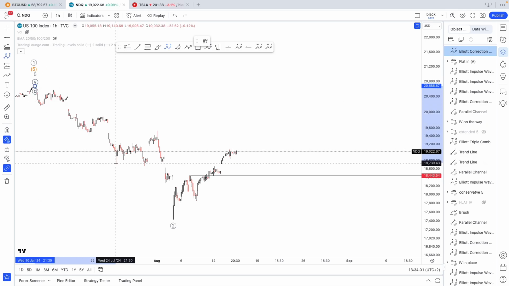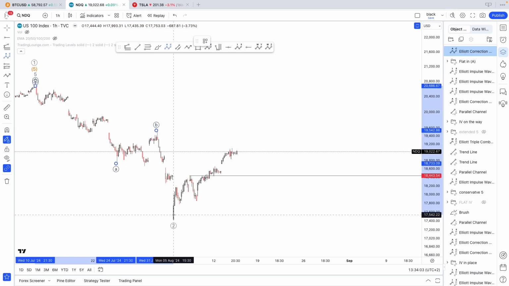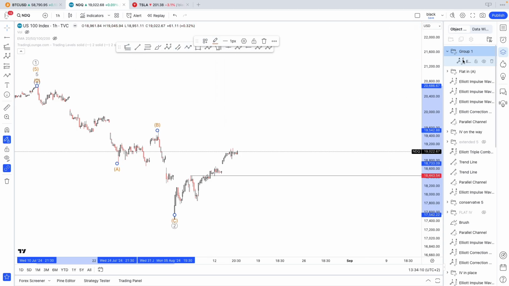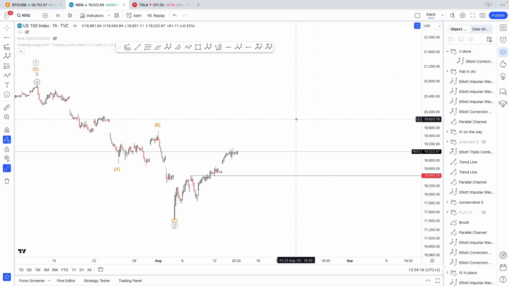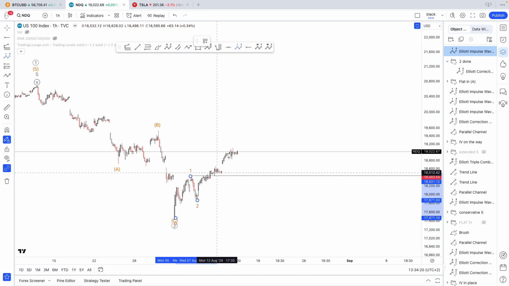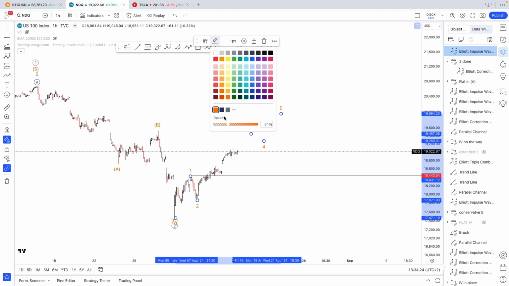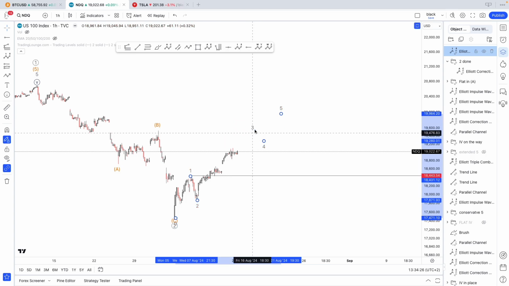So the other way to look at it, simply, is that wave 2 is completed. This could be orange, and let's call it 2 done. And this is 1, 2. The degree is fine.